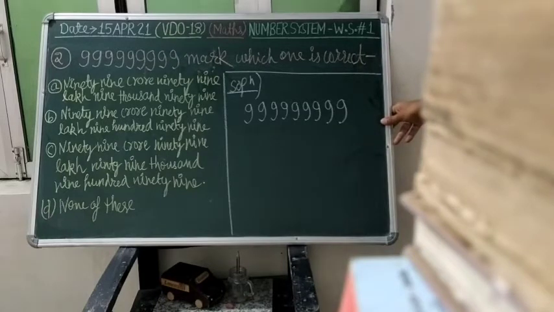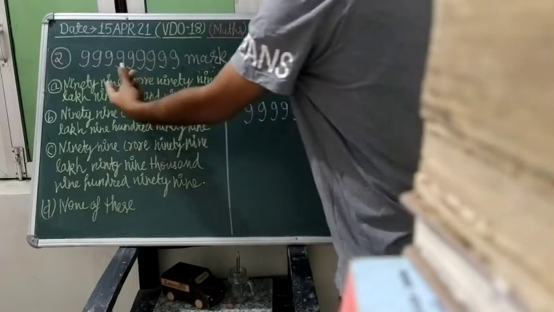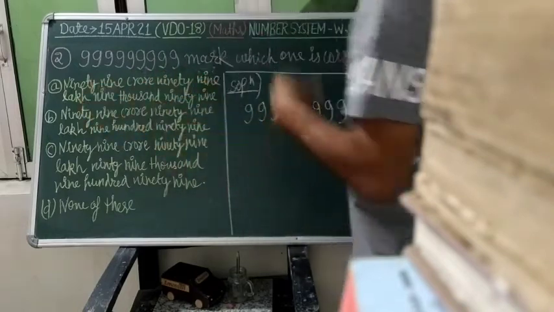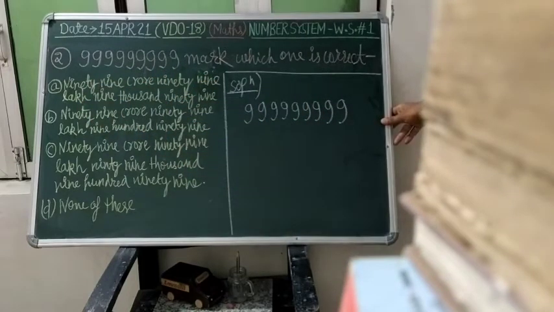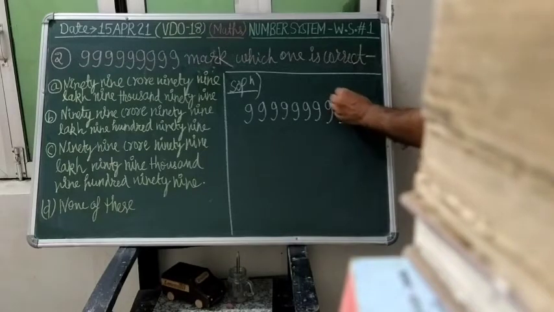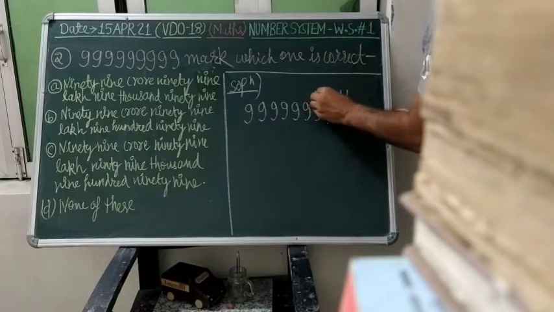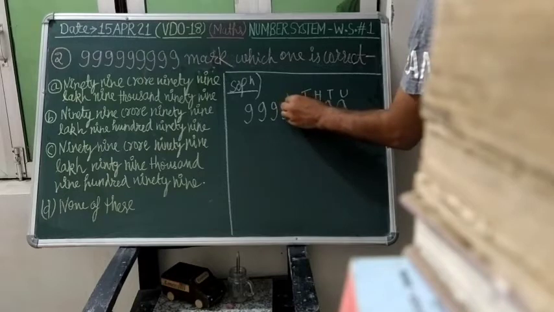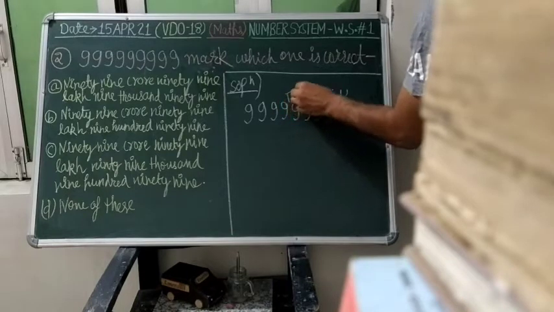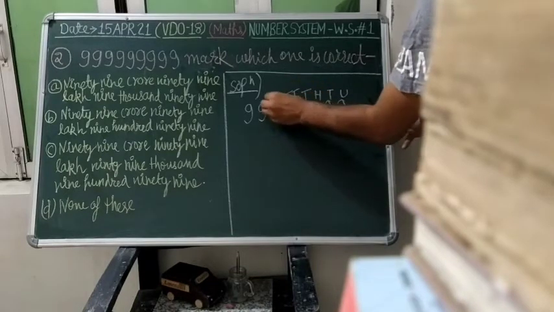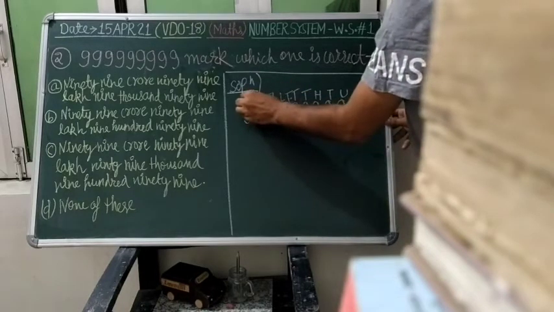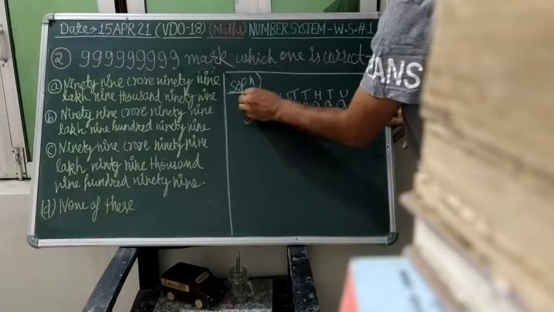They have given you 99 crore, 99 lakh. It will be the Hindu-Arabic system, and in the Hindu-Arabic system we know this will be unit, 10, 100, 1000, 10,000, lakh, 10 lakh, crore and 10 crore.